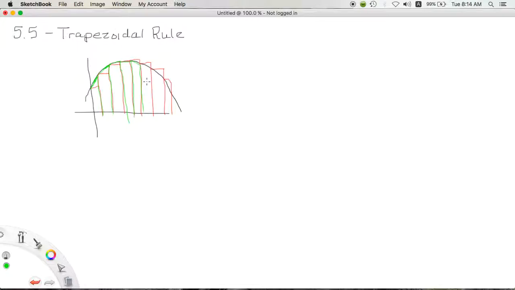Now, to remember a little geometry here. You see that the trapezoid fits it better, if I could draw a straight line. But you remember that the area of a trapezoid is 1/2 the first base plus the second base times the height. Well, let's get it black so we can see it easier. If we pull one of these trapezoids down here, you see that this base 1 here is going to be your y value.